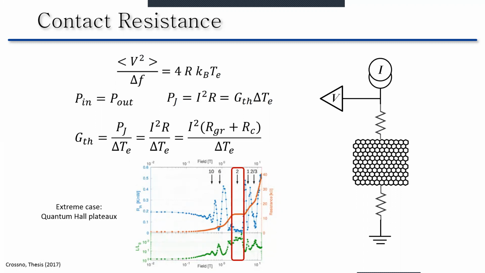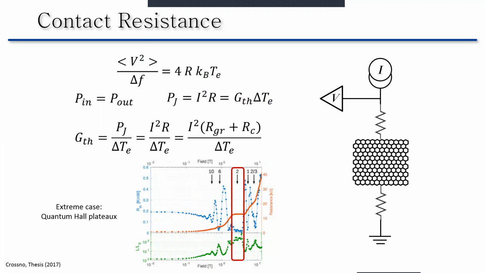And what happens to this kind of measurement? You can see here the blue dots are effectively the signal strength, and that signal strength in the region of this nu=2 plateau has vanished, and the corresponding Lorentz number has exploded. It's higher than 100. It's several hundred, almost 1,000 at some points.